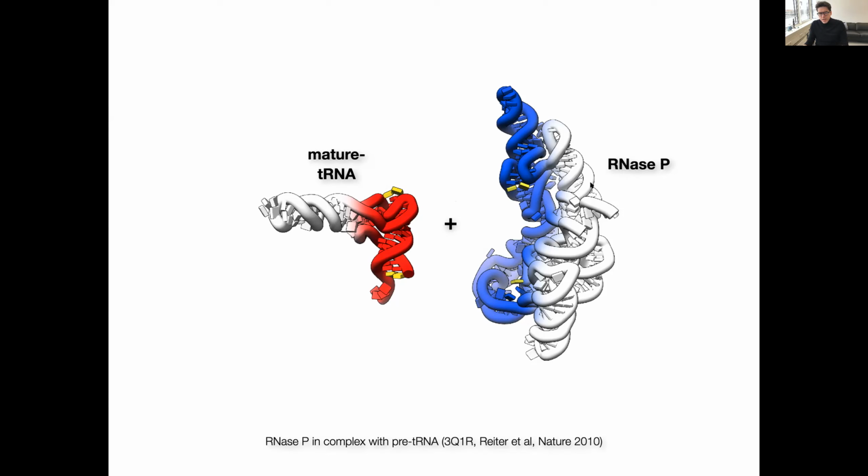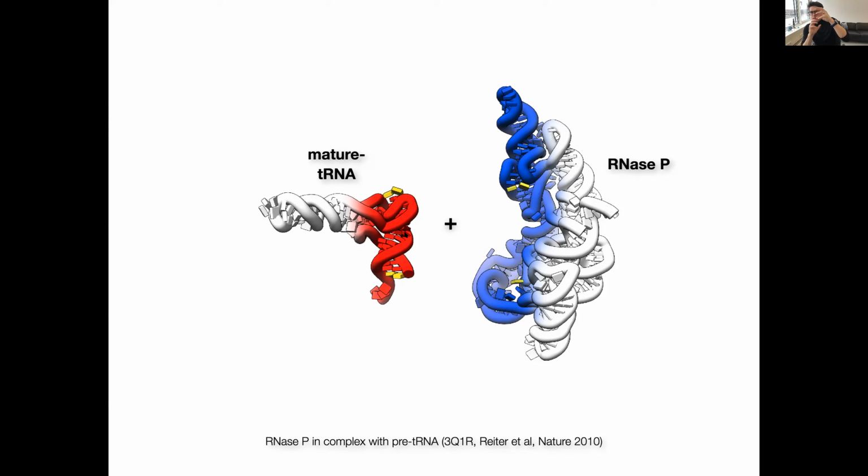This is RNase-P, which is an RNA-based enzyme. And what you see here is a mature tRNA, a transfer RNA, and it has this part of the molecule which is terminated with two base pairs. It turns out that this tRNA can dock into this pocket in the RNase-P, and it's held there based on stacking interactions.